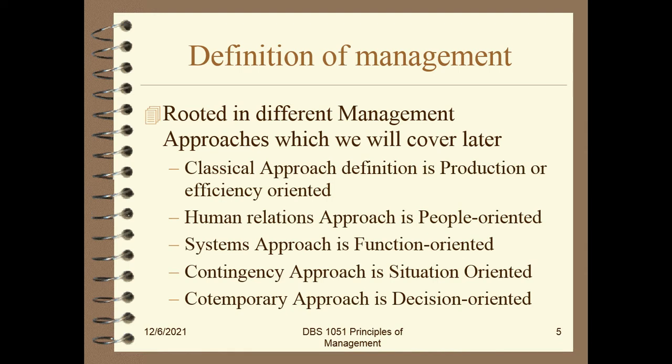It's about how to produce more efficiently. In the human relations approach, the definitions focus on people. They are focused on ensuring that human relations are effectively managed. A manager is defined by his ability to manage people.